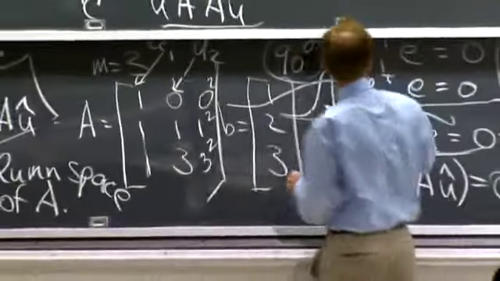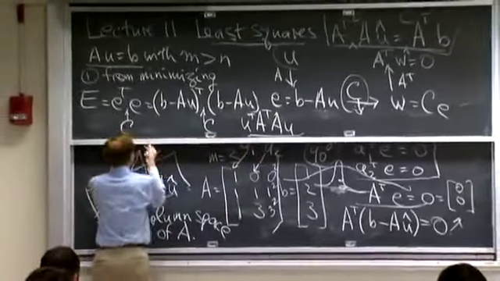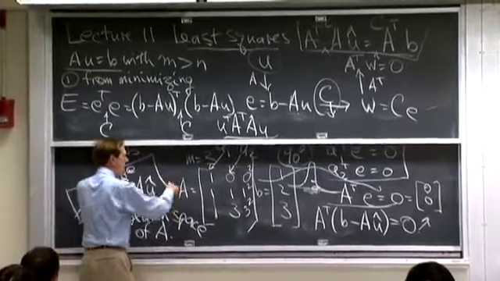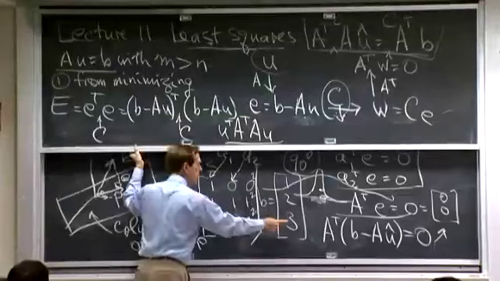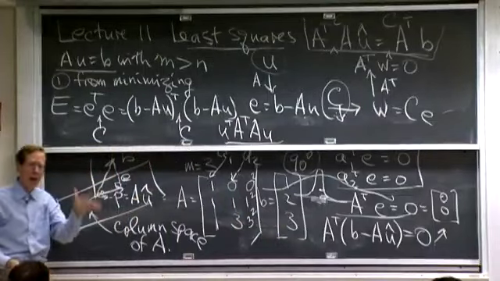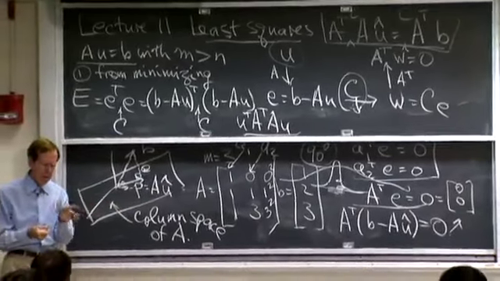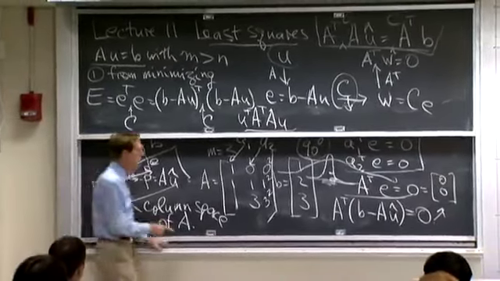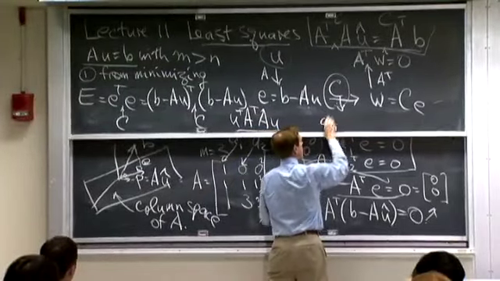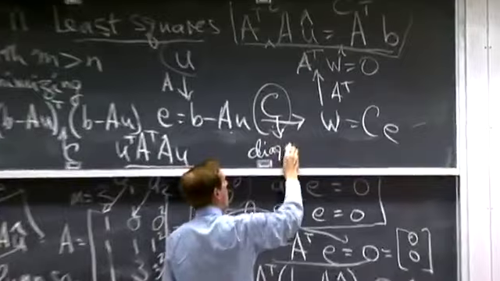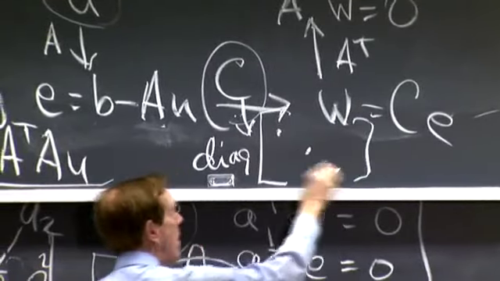What would the weighting matrix be if our 3 equations came from one measurement, a second measurement, and a third measurement, from different meter readers with different variances? Suppose then the right C matrix will be a diagonal matrix. Beautiful.